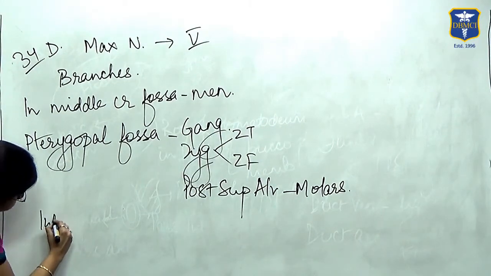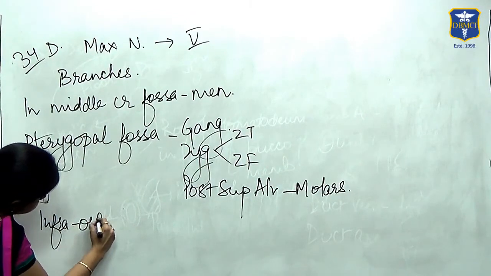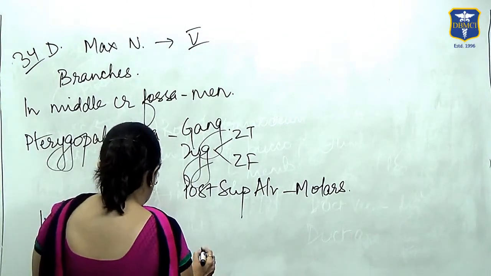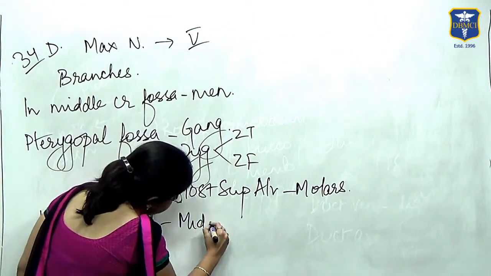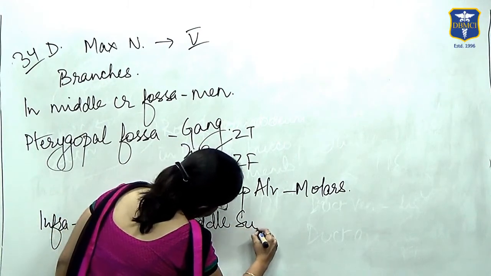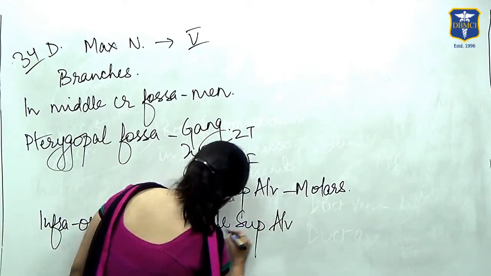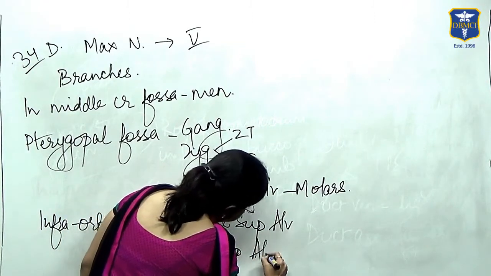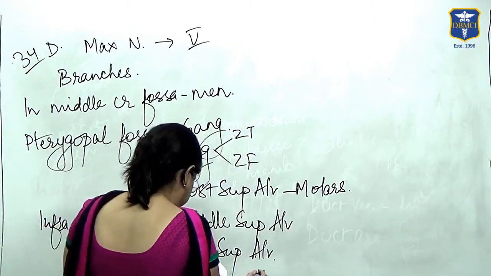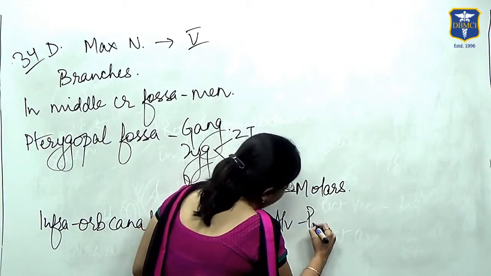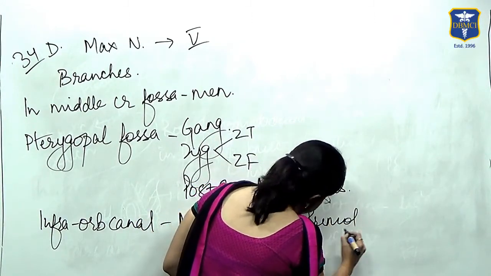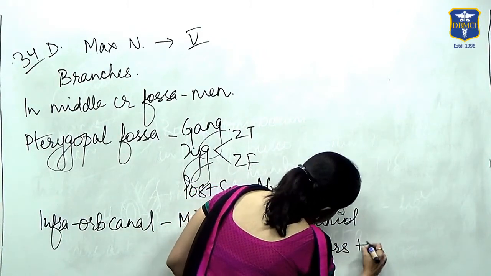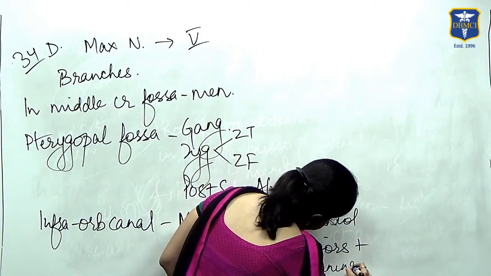Then it comes to the infraorbital canal, where it gives middle superior alveolar and anterior superior alveolar. This supplies the premolars and this supplies the incisors and canines.